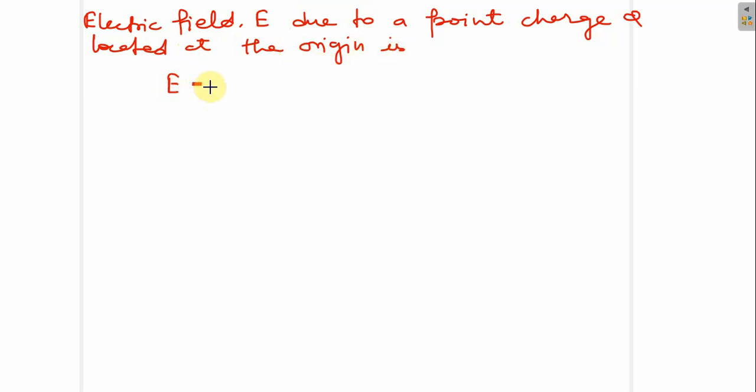E is equal to Q upon 4 pi epsilon 0 R square, and the direction would be along R, so we write the unit vector AR representing the direction.